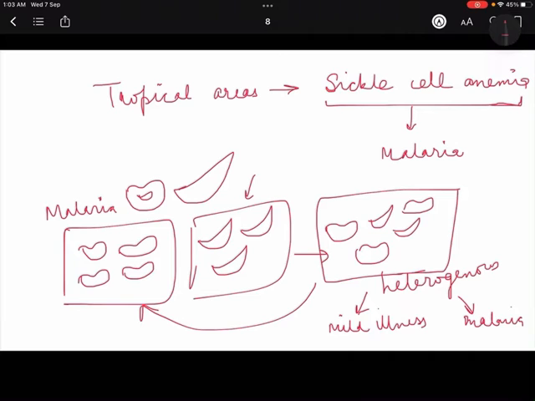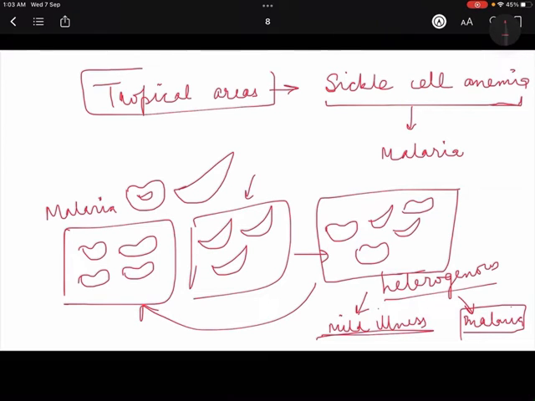So a heterogeneous person who has the component of both, even though he will have a mild illness from sickle cell, will be resistant to malaria. So what natural selection has done is, in tropical areas, natural selection has favored the people with heterogeneous RBC cells.